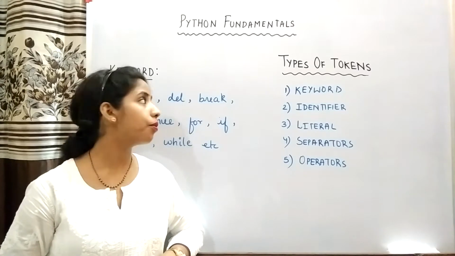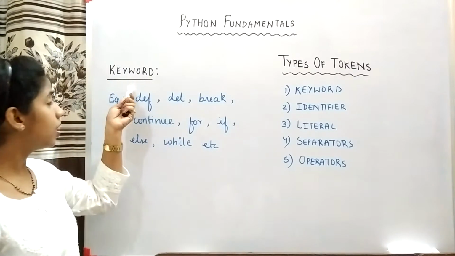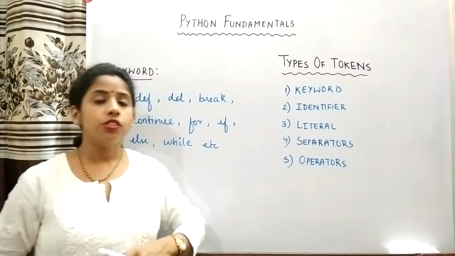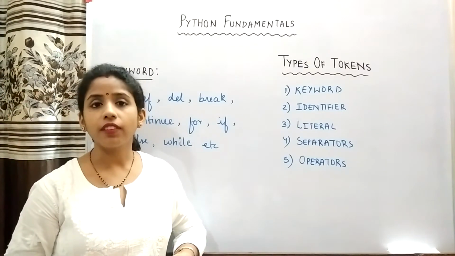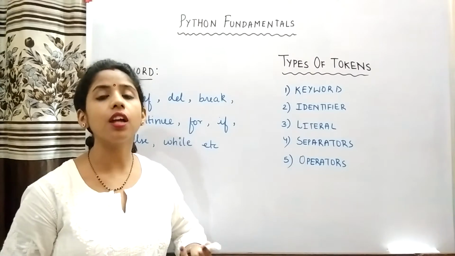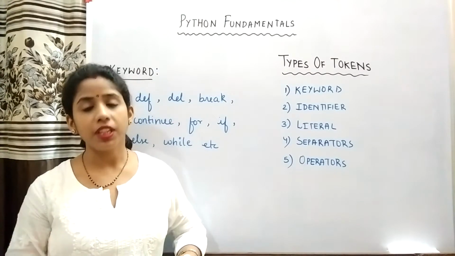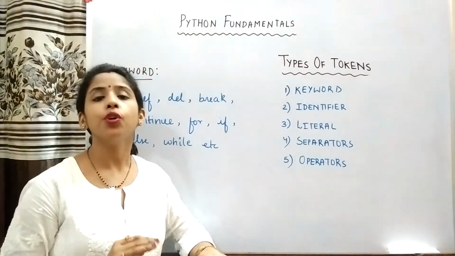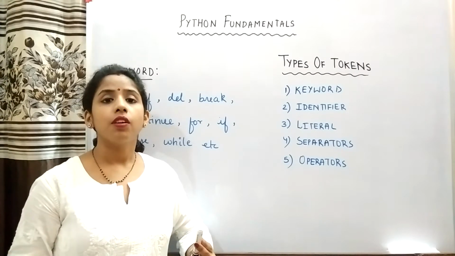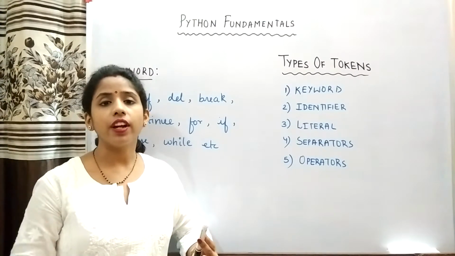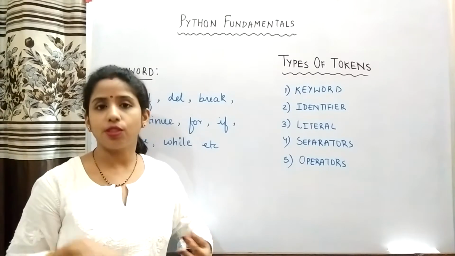So the first type of token is keyword. Children, you know that in every language there are certain words which have a special meaning in that language, and whenever you use that language and you need that kind of purpose for which that particular word is defined, then you use that word in that situation.